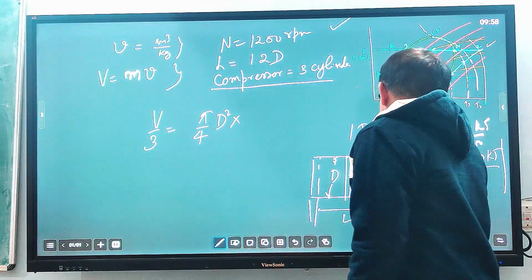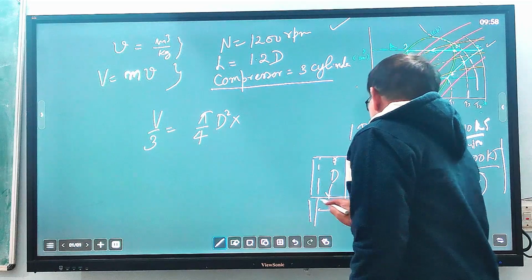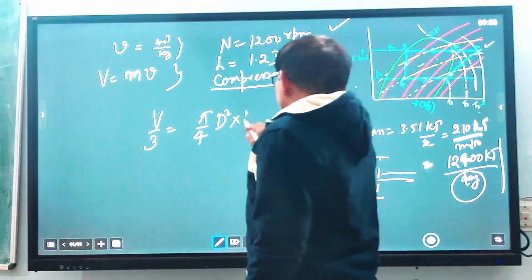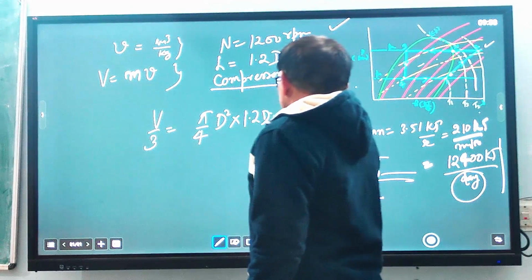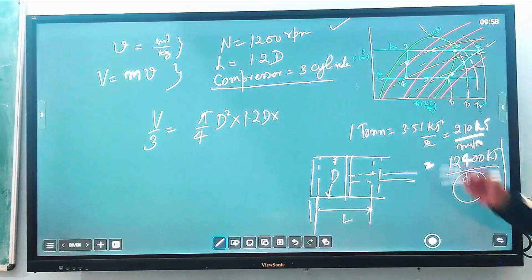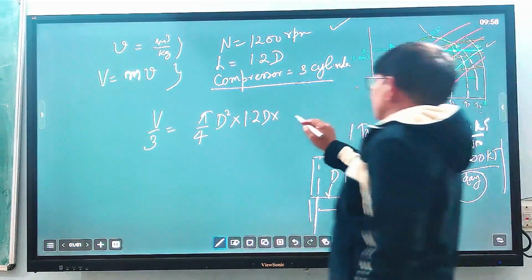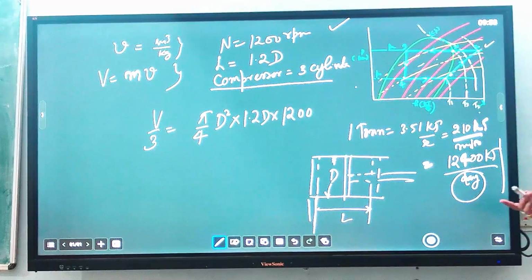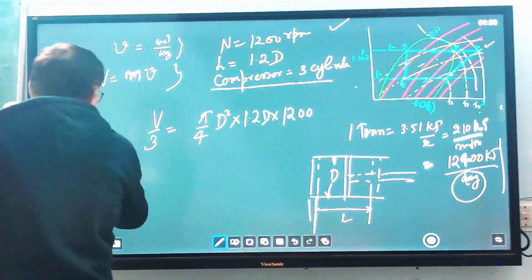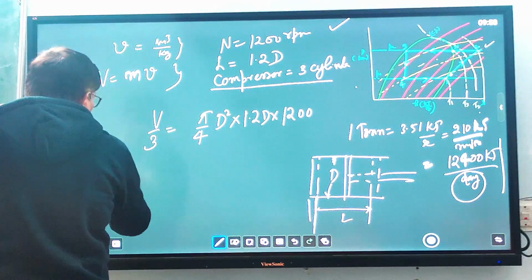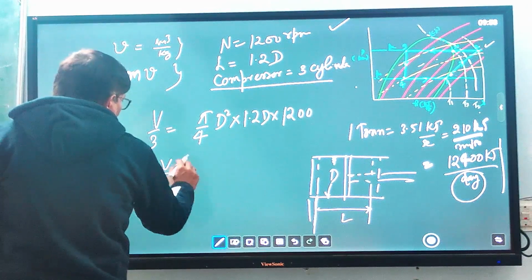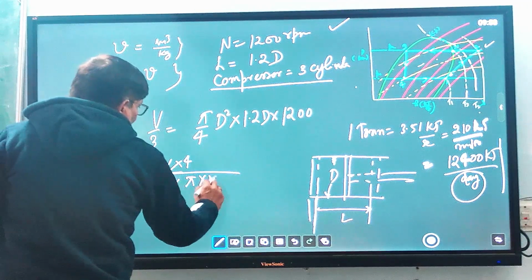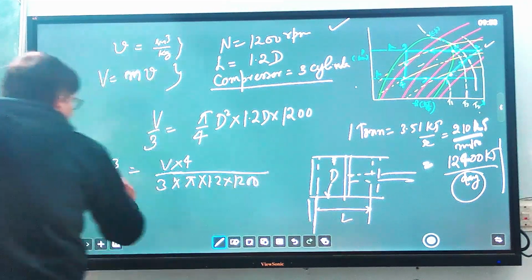Multiply by the number of revolutions in 1 minute, that is 1200, and then you can find the diameter of the cylinder. So d cube equals V by 3 into 4 upon pi into 1.2 into 1200.